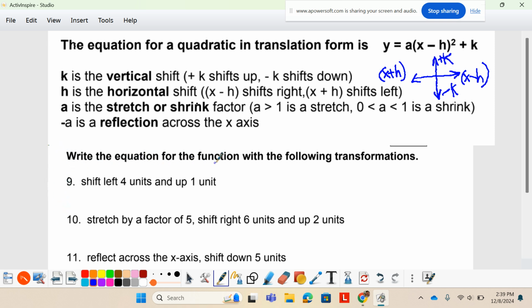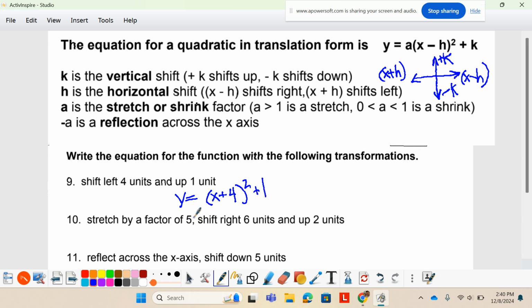So when it wants us to write the equation for the function with the following transformations, when it shifts left 4 units and up 1 unit, I'm going to write it as y equals, and now it's not stretched or compressed, x left 4 units is going to be plus, so x plus 4 squared, and plus 1.